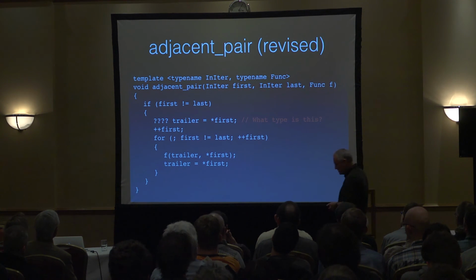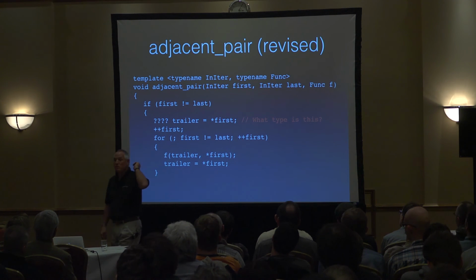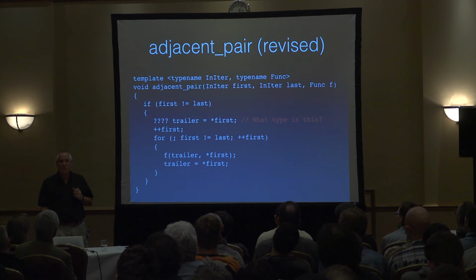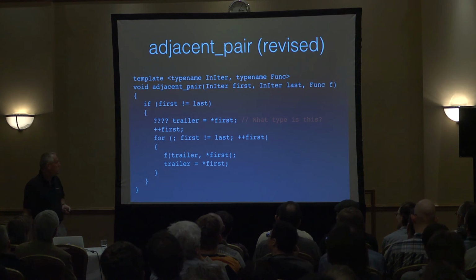Okay, so there's a couple problems here. The first one is efficiency, right? We are effectively making a copy of all the elements of the sequence except the last one. Ouch, that could be expensive. On the other hand, you can't actually implement this algorithm with input iterators if you can't make a copy of them, so what do you do?